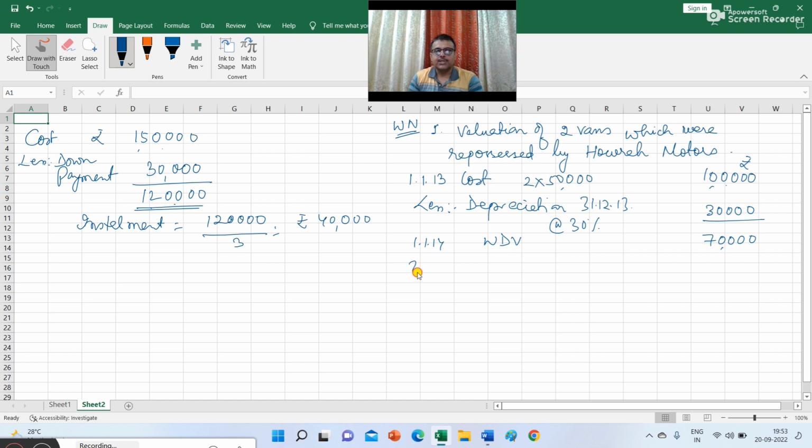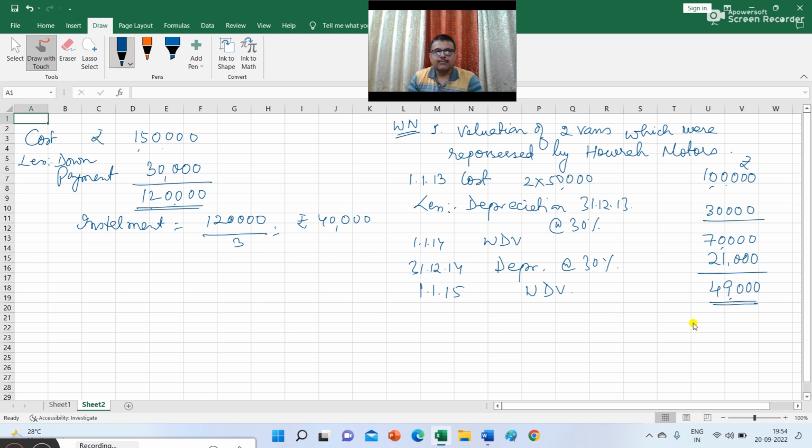and depreciation on 31st December 2014 at the rate of 30% is 21,000. So this is the written down value on 1st January 2015, on which date the vans were repossessed by the hire vendor, that is the Howrah Motors.